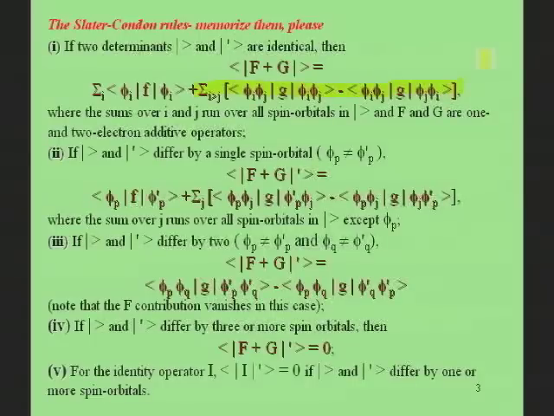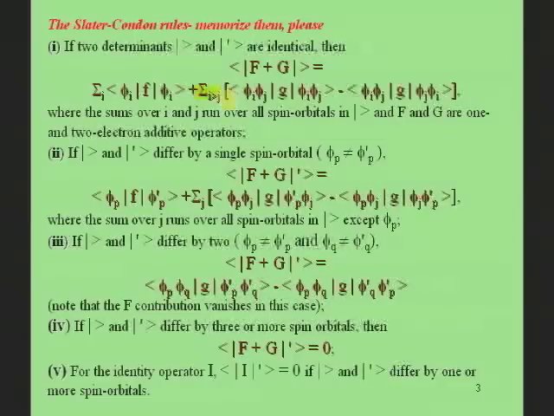Then phi I for electron 1, phi J for electron 2, minus phi I for electron 1, phi J for electron 2, G12, phi J for electron 1, phi I for electron 2. That's a so-called exchange term. So the general idea is you sum over all the one-electron expectation values for every spin orbital in your determinant, and then you sum over all of these so-called direct and exchange terms. If G happens to be 1 over R12, we call them the Coulomb and exchange interactions between spin orbitals I and J.